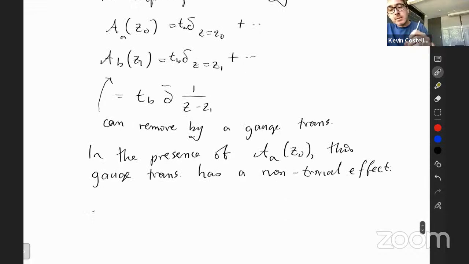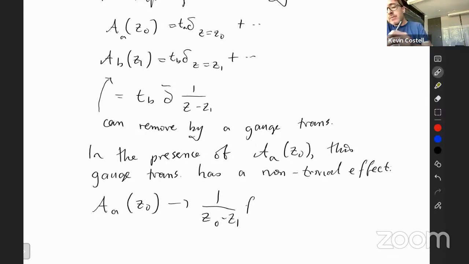It sends this other state, C0, to 1 over C0 minus C1, FABC, TC, delta Z equals Z0, plus the other term.